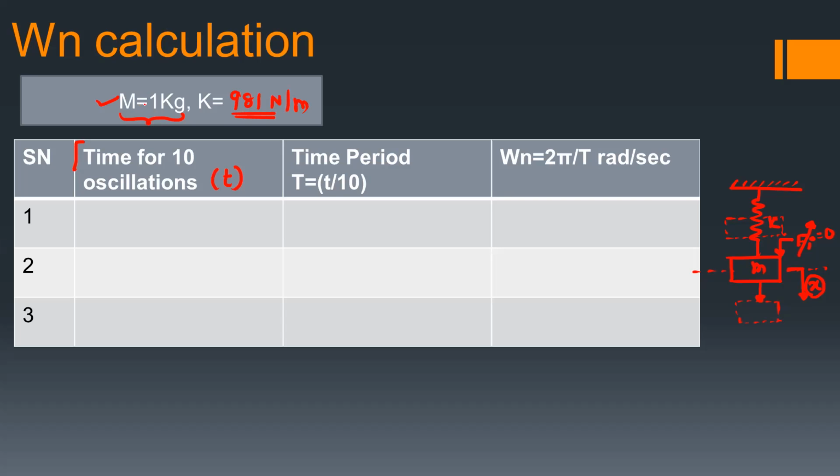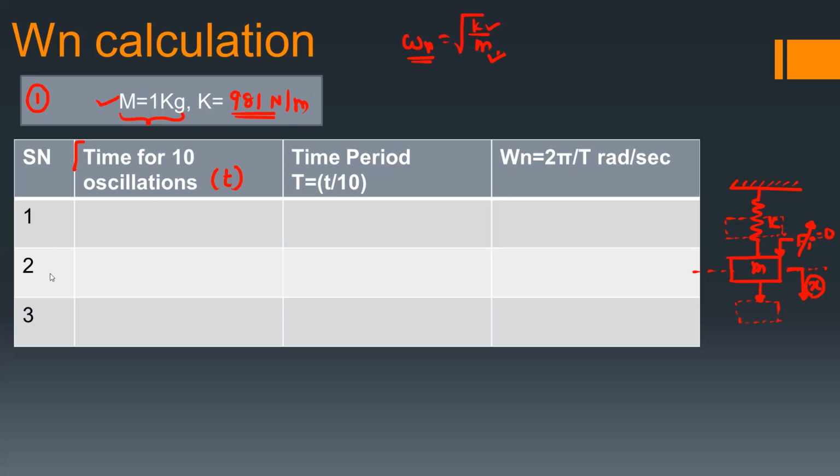If you take m as 2 kg, then the total system will change and it will have a different natural frequency, because natural frequency depends on the k value and the m value. If you change the mass or k, omega n will change. So this experiment is only conducted for m equal to 1 kg and k equal to 981 Newton per meter.